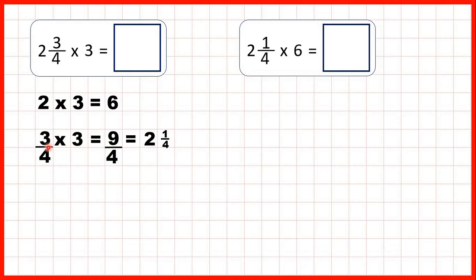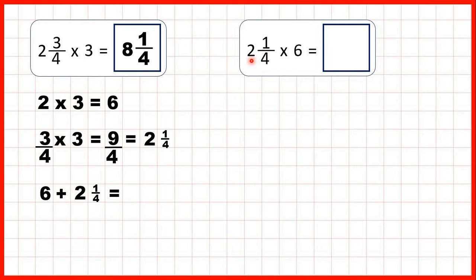So 3 quarters times 3 is 2 and 1 quarter. So now remember the last step was just to add up our answers. So we've multiplied 2 by 3, we've multiplied 3 quarters by 3, so we need to add 6 and 2 1/4. 6 plus 2 is 8, and the quarter stays the same, so our answer is 8 and 1/4.